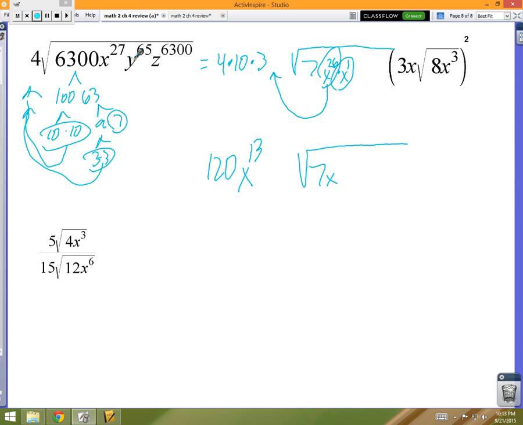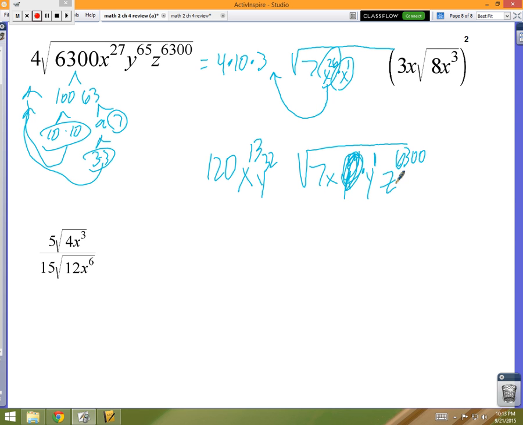Okay, 65 y's. So that's like 64 y's. So I'm just subtracting 1 to find an even number. 64 of them, how many 2's are in 64? So that means 32 are coming out. And this 1 stays left over. Okay, the z's, 6,300. That's an even amount, so all of the z's come out.